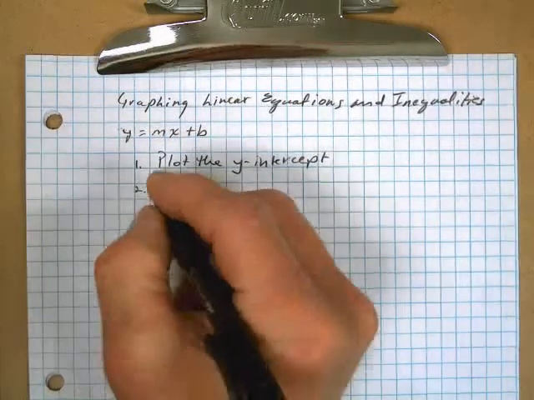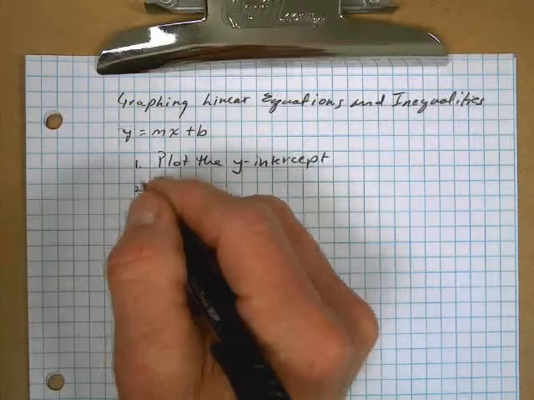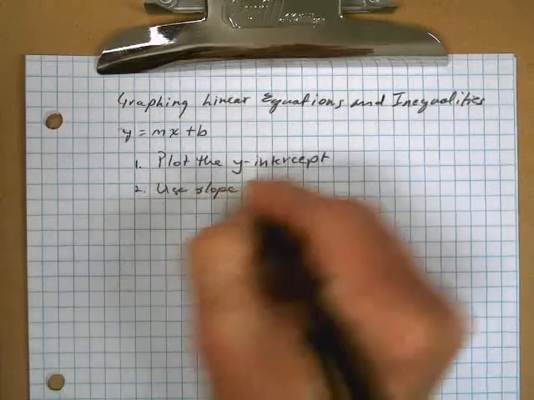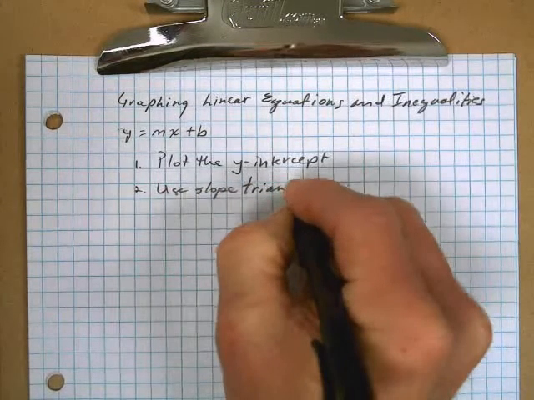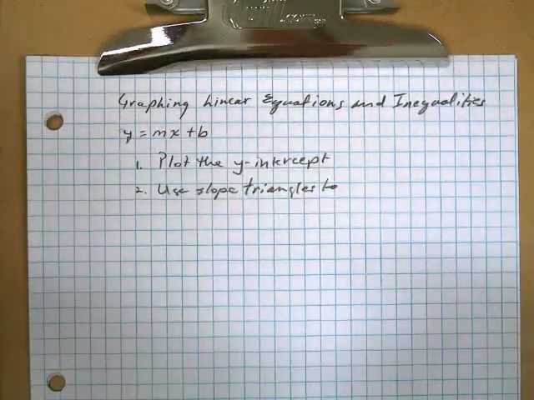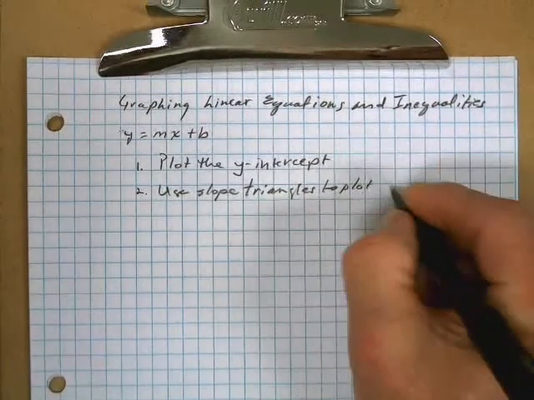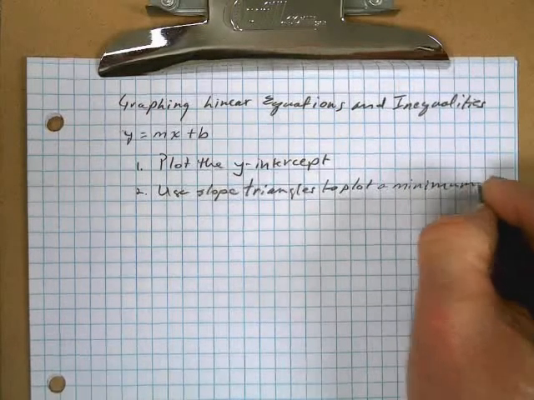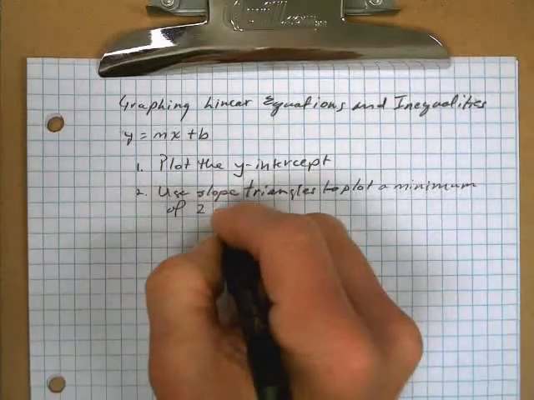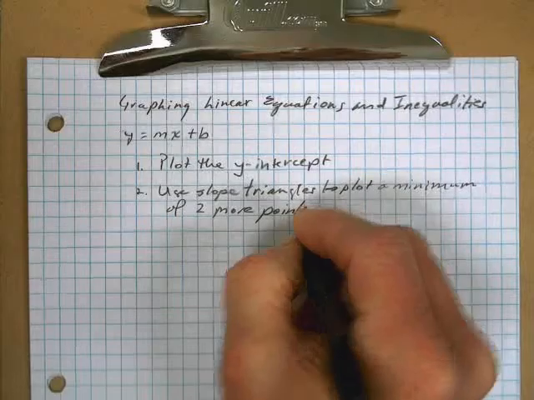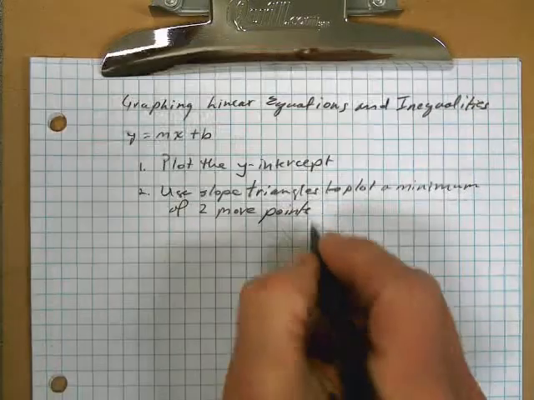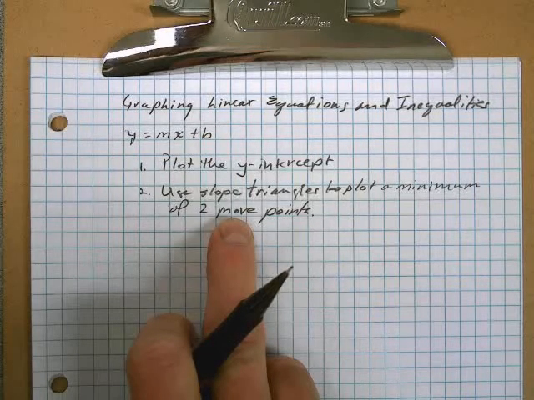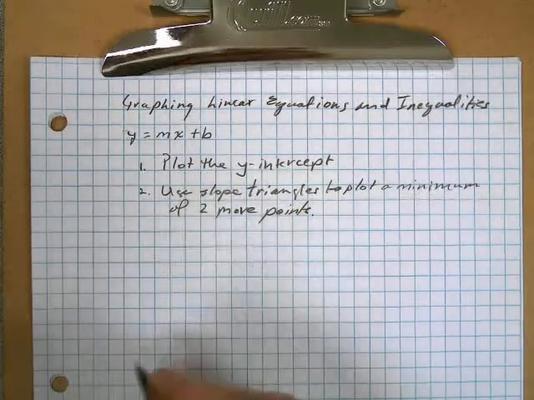Number 2, we're going to use slope triangles to plot 2 or more points. The reason we're going to plot 2 or more points is because if we plot 2 points, we're likely to catch errors that we might not otherwise recognize.